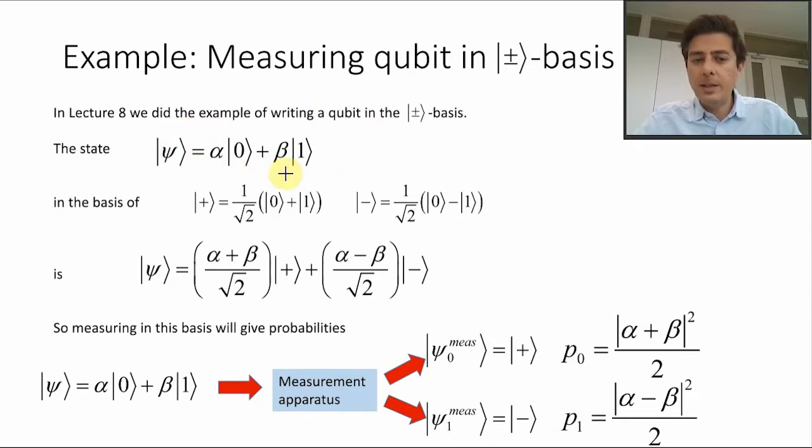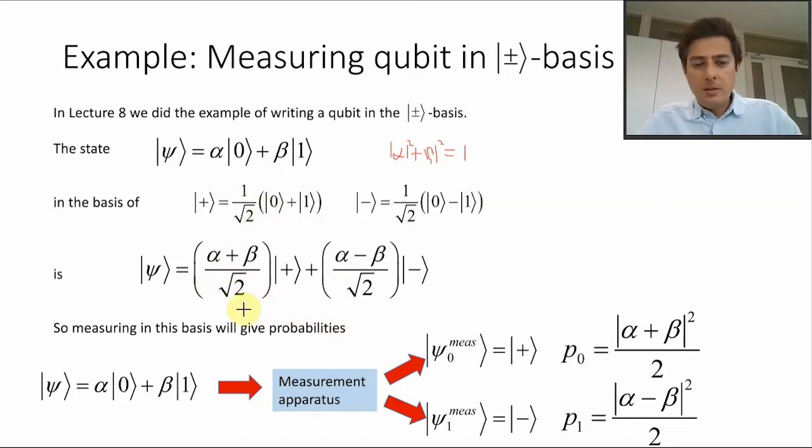Again, these alpha and beta are normalized: alpha squared plus beta squared, in modulus, equals one. And we could write this same state in terms of the so-called plus and minus basis. I won't go through the steps again because I already did it, but you can write it in this form for this basis.